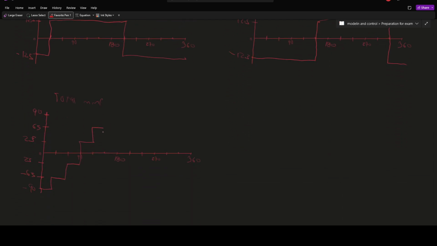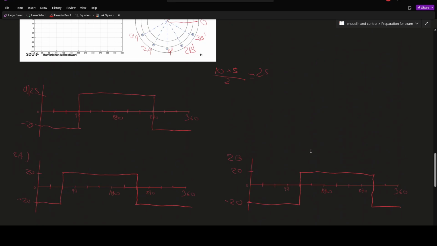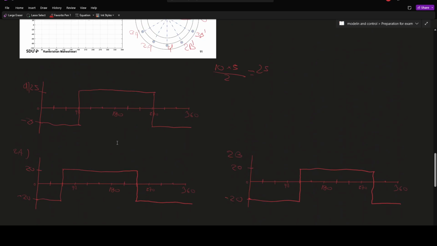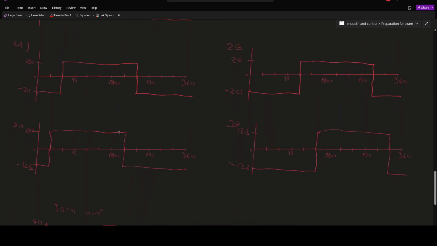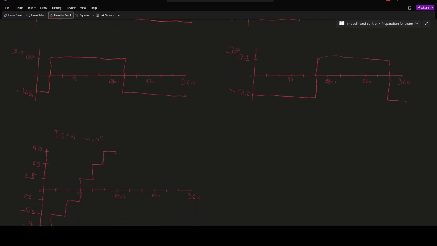So this is gonna give us 90. Okay, and now from 180 to 210, so 25, 20, 12.5, 20, and 12.5. So we still got 90 here.